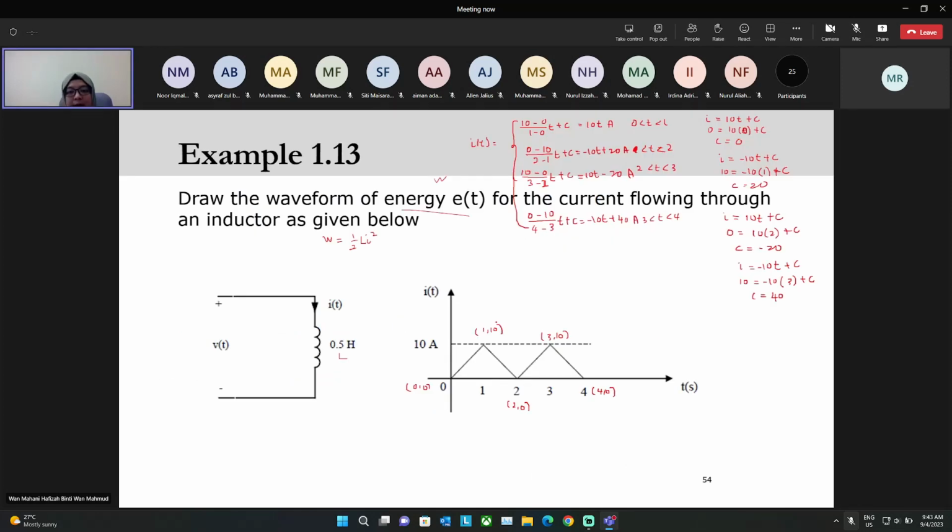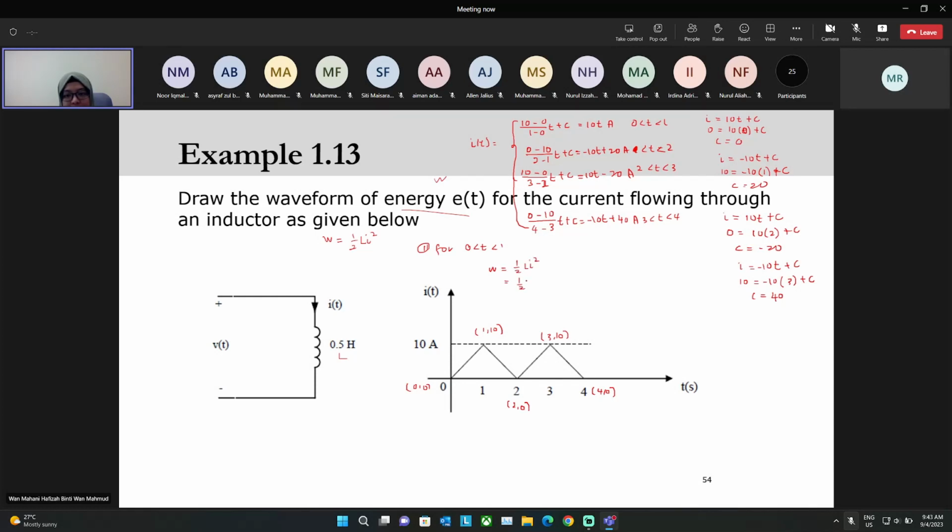Itu dia simplified sangat. So, W sama dengan 1/2 Li squared. So, what I should do, you kira satu persatu segmen lah. Mula-mula, for 0 to 1, W equals to 1/2 Li squared.